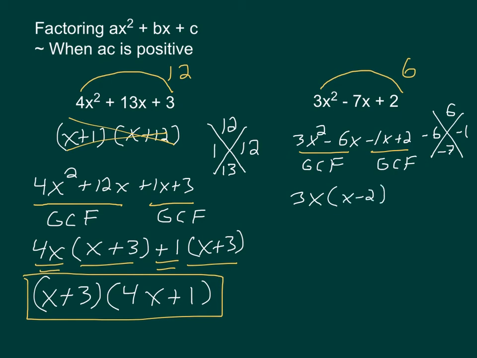Now remember from the last example, I want to have an x minus 2 in both sets of parentheses. So when I look at the negative x plus 2, in order to make that x minus 2, I'm actually going to have to pull out a minus 1. And that's going to leave behind an x minus 2.